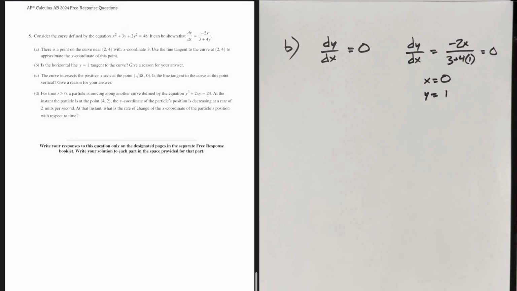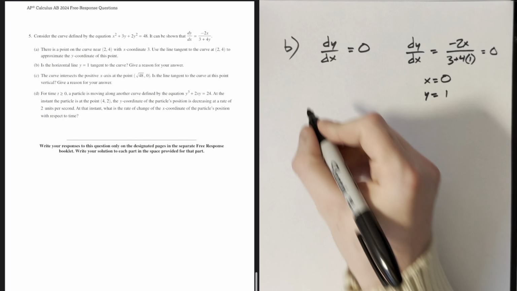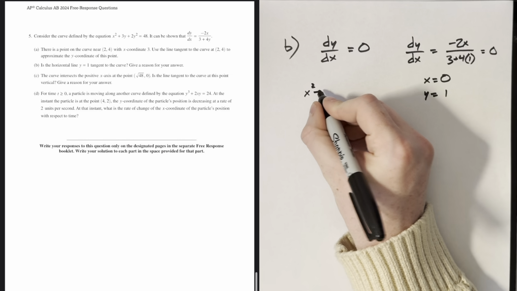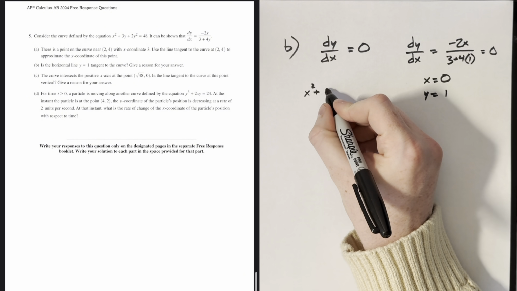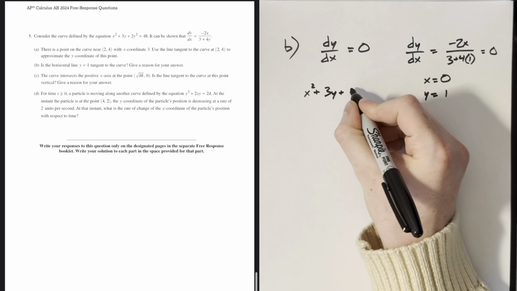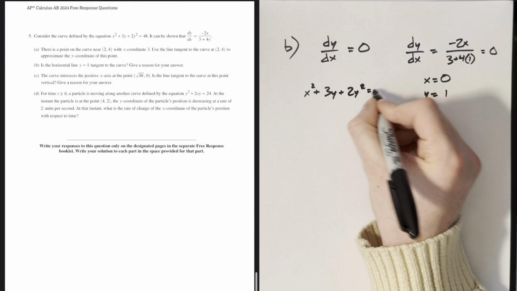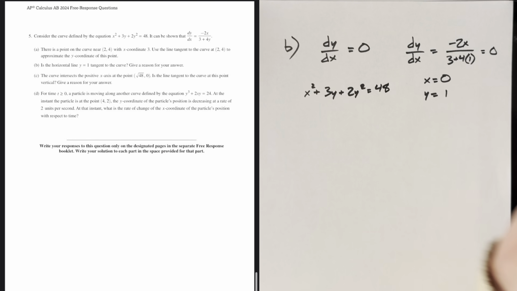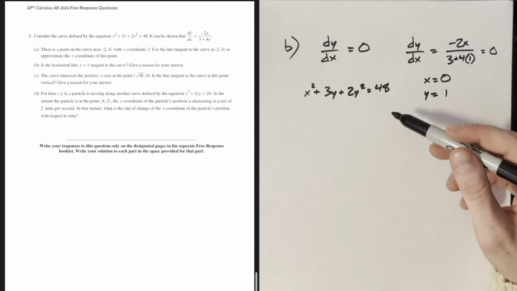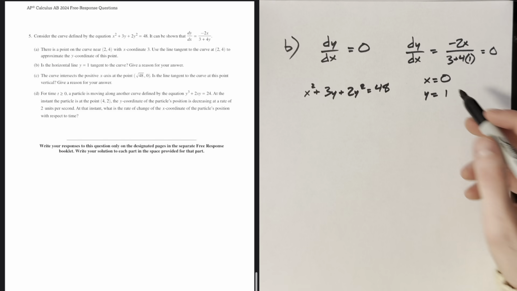In order for this point, (0, 1), to be on the curve, it would have to fulfill that equation, x squared plus 3y plus 2y squared equals 48. We would have to be able to plug these in and for this equation to hold.